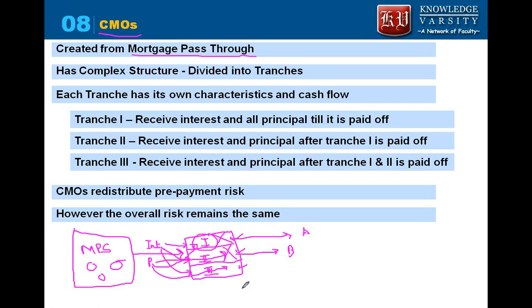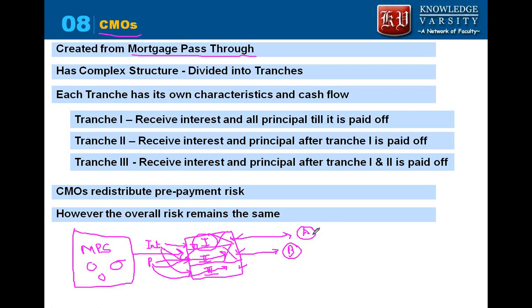In this way, for this type of investor the default risk is very low, because they will get all the principal first before the others. As a result, the bond issued out of tranche 1 will have a higher credit rating. So bond A will have a higher credit rating than bond B, and therefore bond A will yield less.